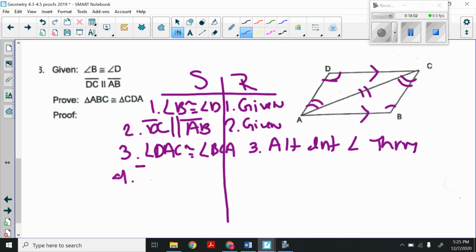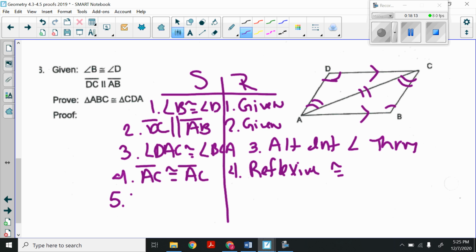So I can say AC is congruent to itself by the reflexive property of congruence. Now that I have three things congruent, I can now say my triangles that they asked me to prove are congruent. And then I just have to see what is my reason, which of the 5 properties do I have? I have an angle, and a side. AAS.